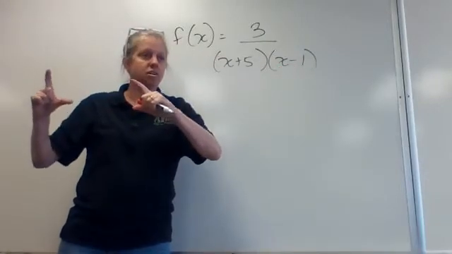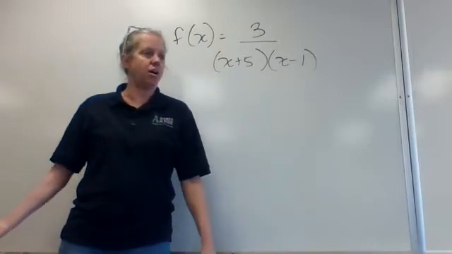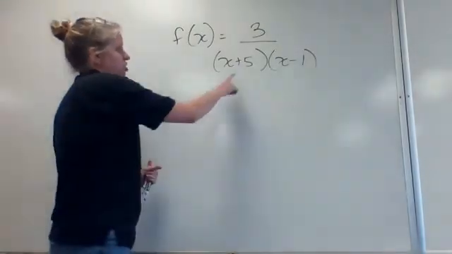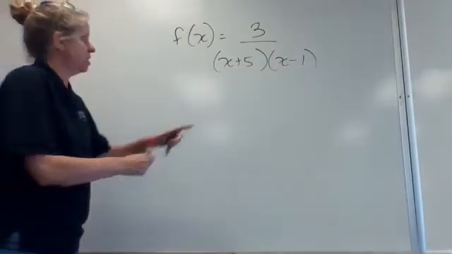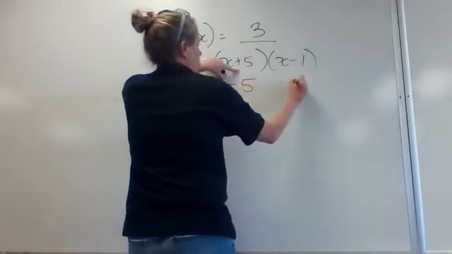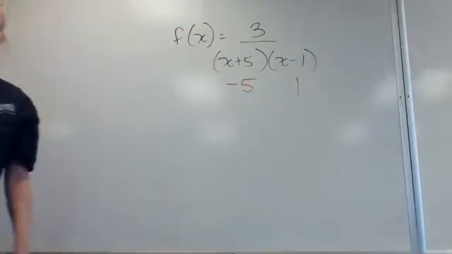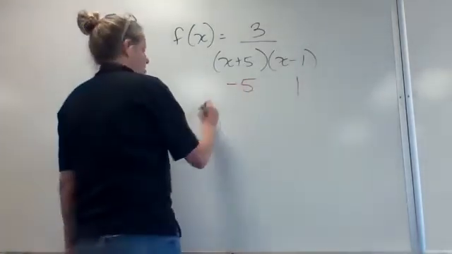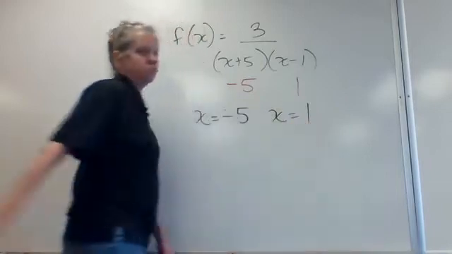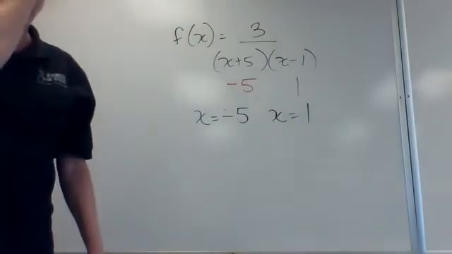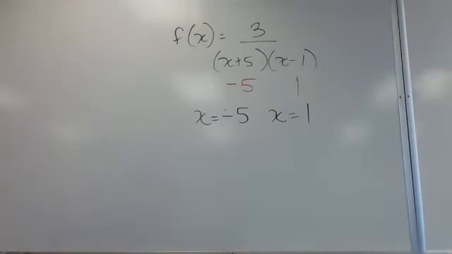After you factor, what do you do with your factors? Set them equal to 0 and solve them for x, which is just going to change those signs, right? It's going to turn this into a -5 and this into a +1. So your vertical asymptotes, you have 2 of them this time. X equals -5 and x equals 1. Number 9.